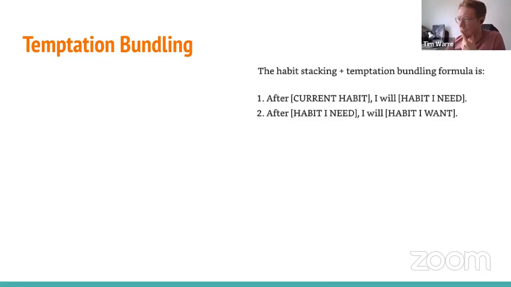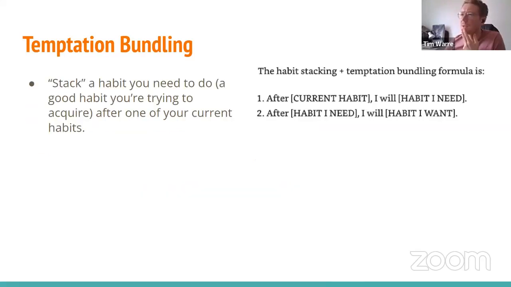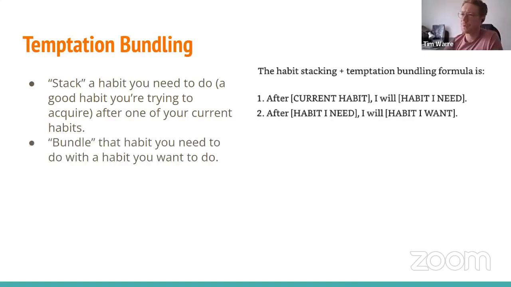So how can we do that without inventing that machine? I don't know. He should start selling the Cycle Flicks. I think it would be very popular. So the idea is to stack a habit you need to do, a good habit you're trying to acquire, after one of your current habits. So you're bundling it, you're wrapping that habit together.